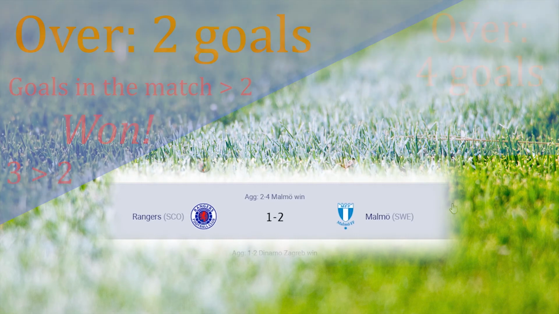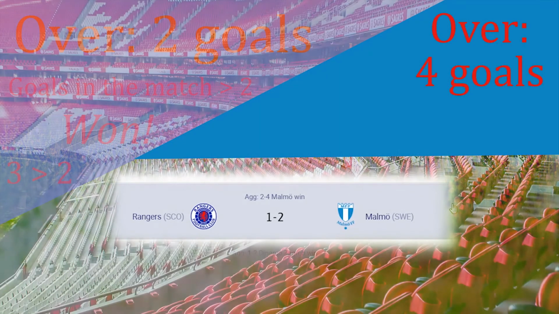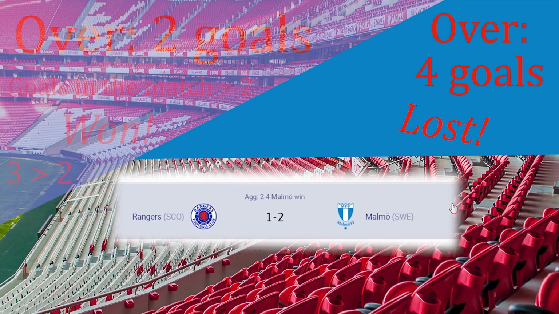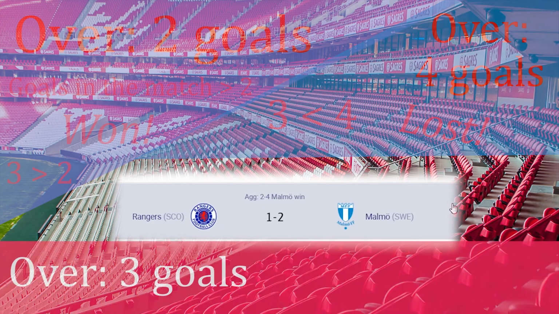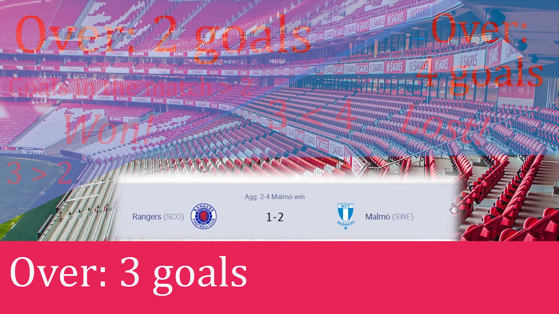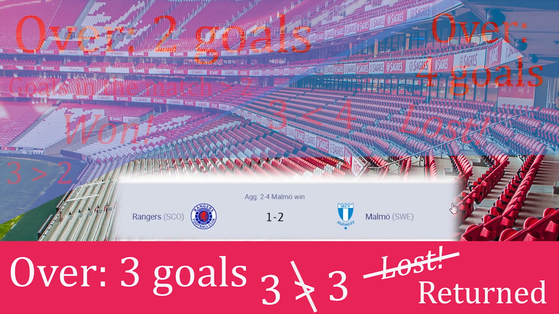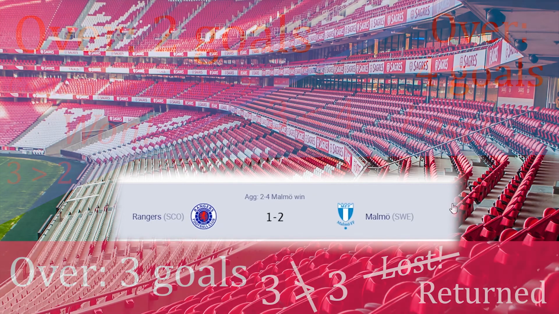If we had chosen over with the value 4, we would have lost because there were less than 4 goals in the fixture. But what if we had chosen over 3 and there were exactly 3 goals in the match? It is not over 3, but our bet would not have lost. It would have been settled as returned. No winnings, no losses, our stake would have returned to our wallet.